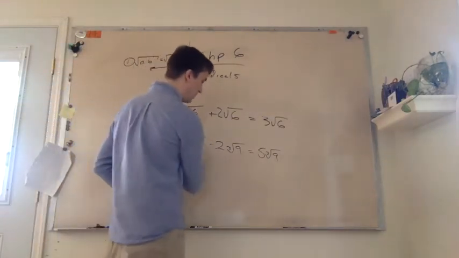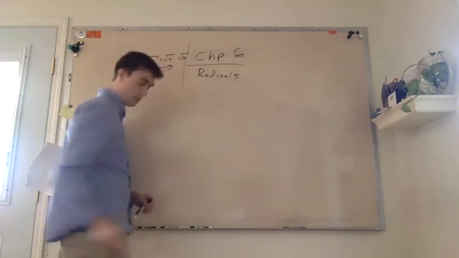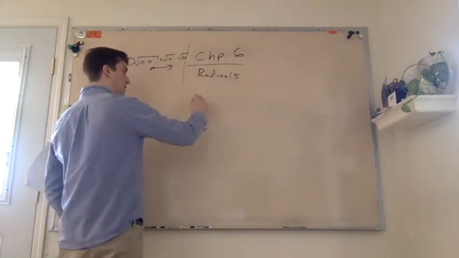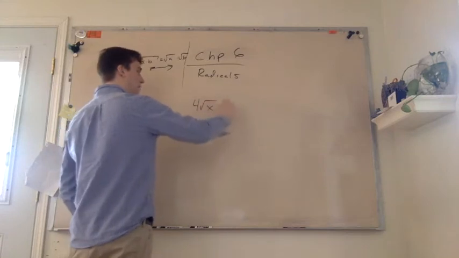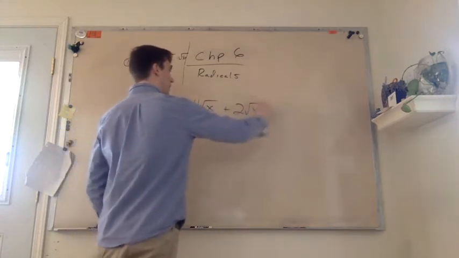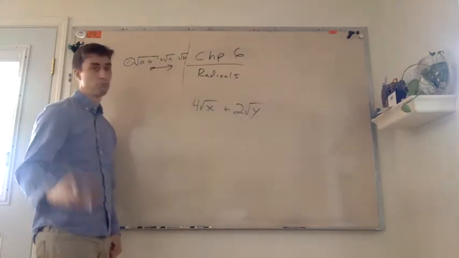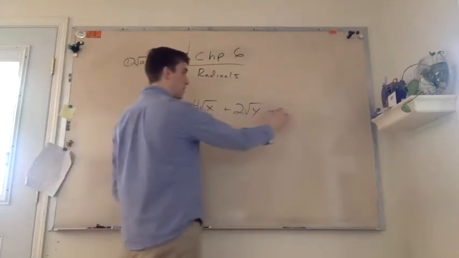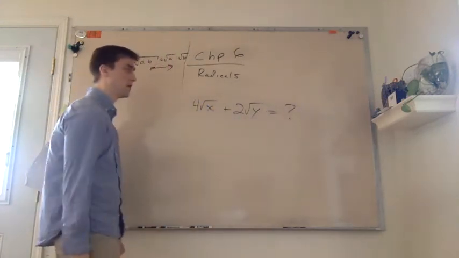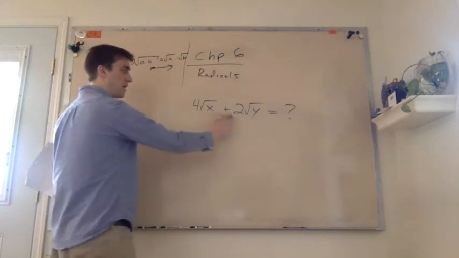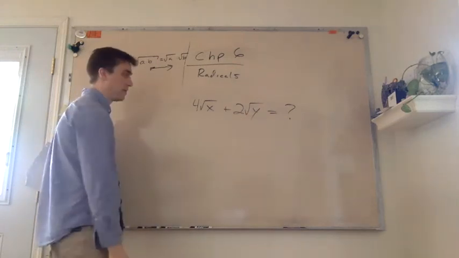Maybe a couple of examples where it doesn't work. Like 4 square root x plus 2 square root y. Can't do it. These are uncombinable. This is the square root of x, this is the square root of y. Those aren't the same thing.